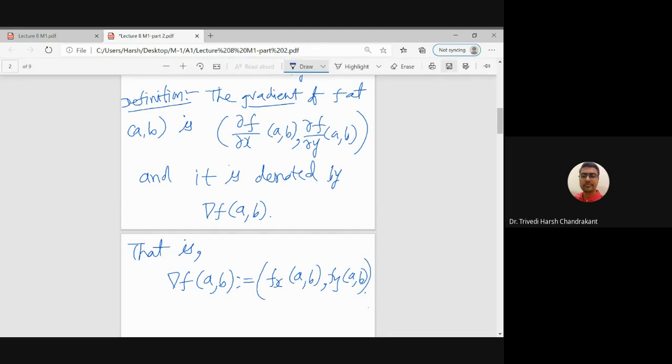So if f x and f y we cannot find at a particular point, that means the limit does not exist, then we cannot find the gradient also at that point. So gradient we can find only when the limit exists, both the partial derivatives exist. Otherwise we cannot find the gradient.